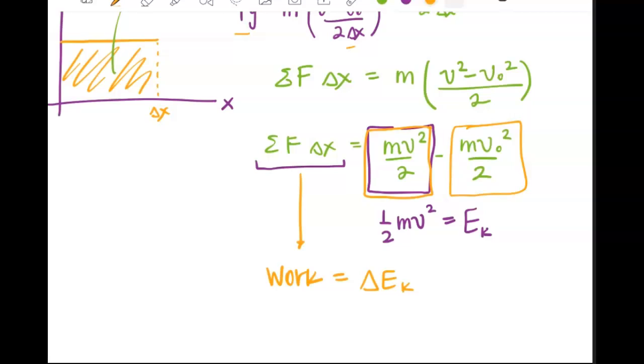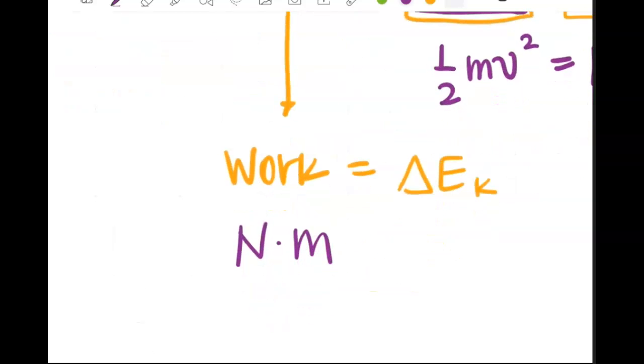Now, unit-wise, our force is in newtons. Our change in position is in meters. And saying newton meter all the time is a mouthful. So we call it a joule for James Prescott Joule, who did lots of studying.